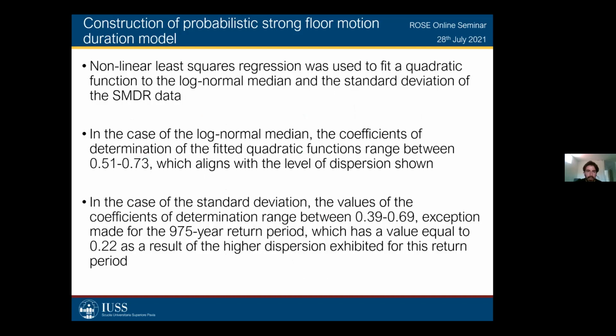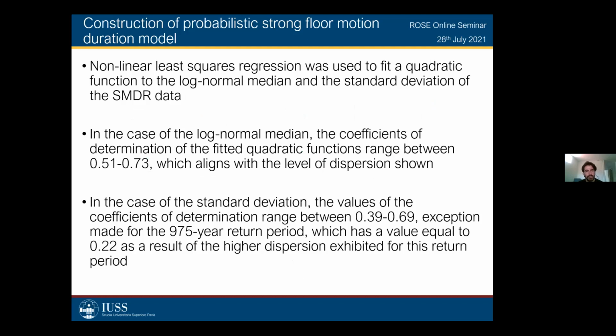To fit this data, basically nonlinear least squares regression was used to fit a quadratic function, because it was the function that was found to fit the data best. And it was used to fit, as I mentioned before, the log normal median and the standard deviation of the strong motion duration ratio.